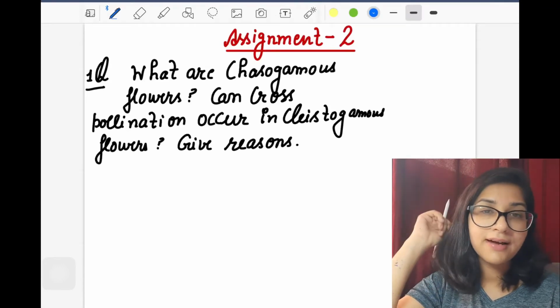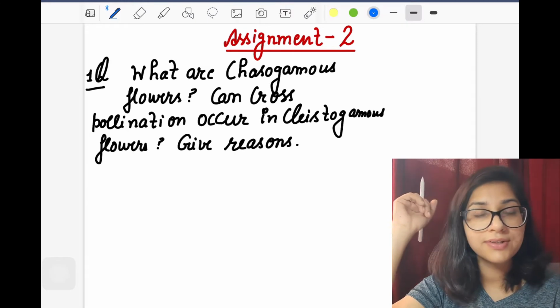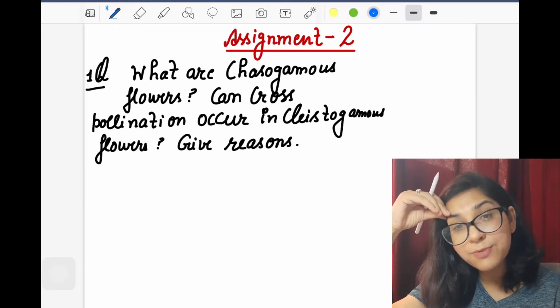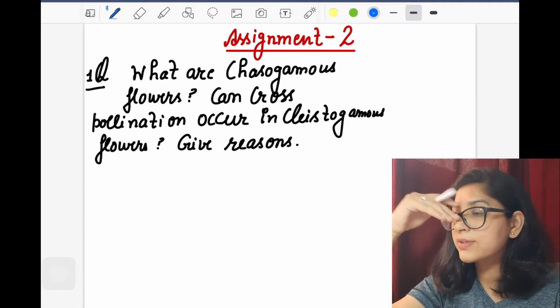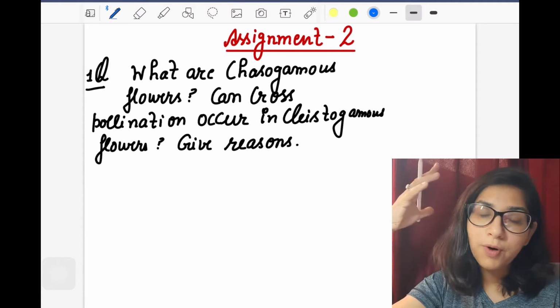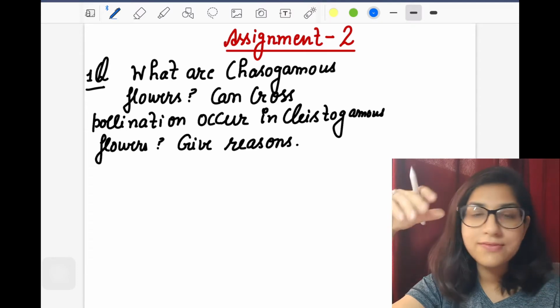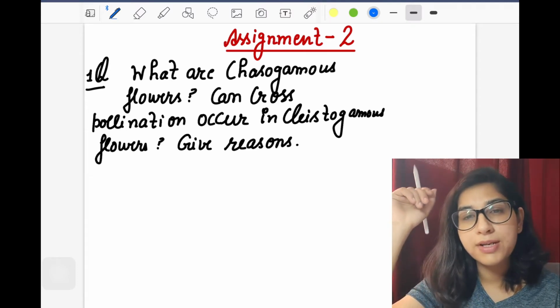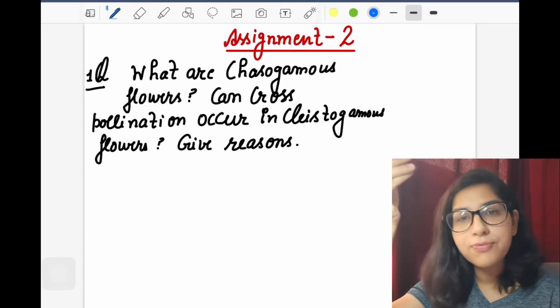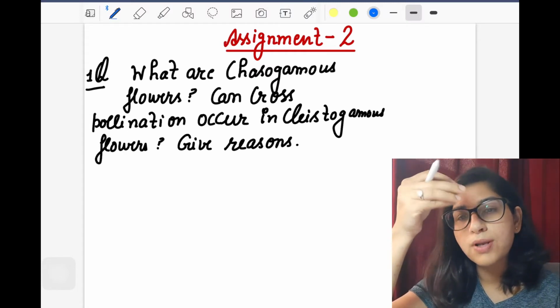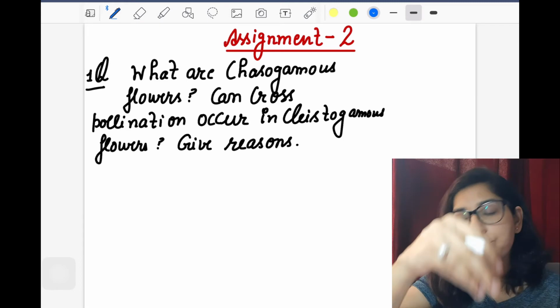So here, after our completion of wind pollination, as you know, we have already finished with our basic types of pollination, and we have started with our first type of pollination, that is called anemophily. Anemophily is a type of cross pollination by wind, right?